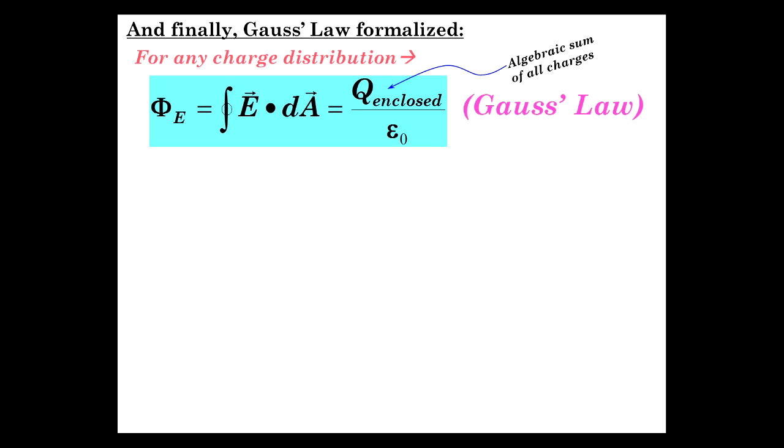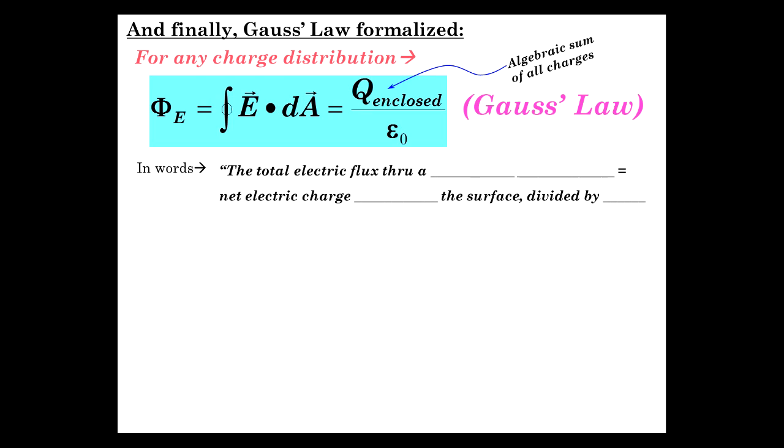That's Gauss's law. Now in words, we could say it as follows: the total electric flux through a closed surface equals the net electric charge inside the surface divided by epsilon 0.